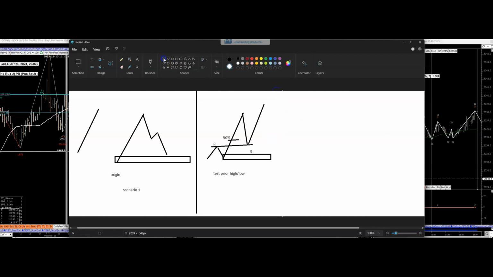Okay, next is scenario 3. Scenario 3 is you don't really care if it's this or that, or the origin or the prior high or low. It's just that it's in a spring, what we call an ABC. It's in an ABC spring.